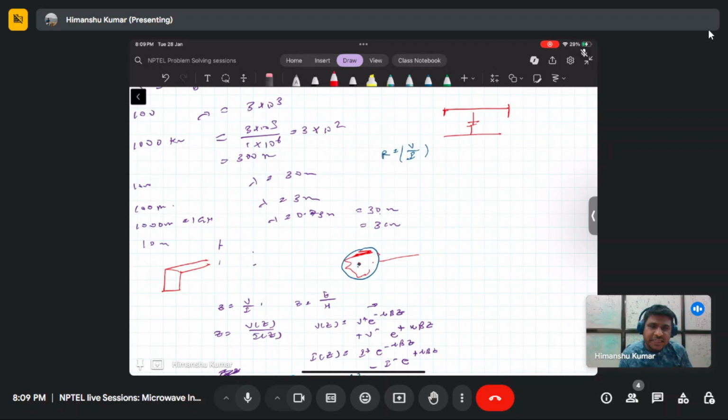But in the high frequency case, even the distributed capacitance which comes, let's say you put two wires nearby. As you can see, the capacitance scales with 1 by j omega C. So as you increase the frequency, the reactive component due to this capacitance will become lower and lower.